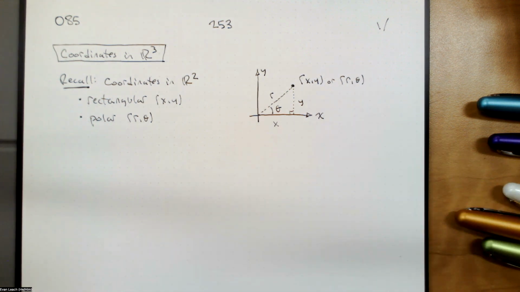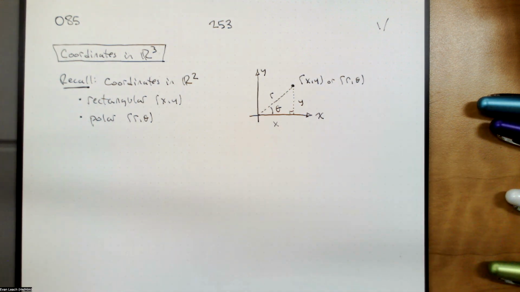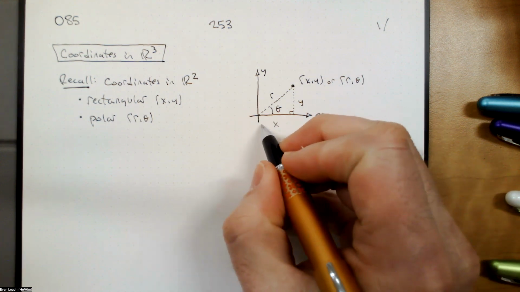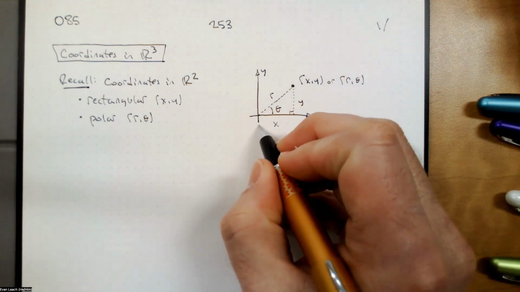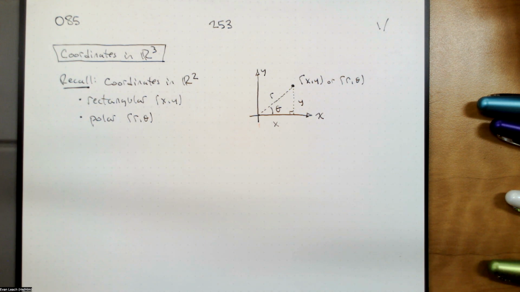X was the horizontal distance from the origin to the point.